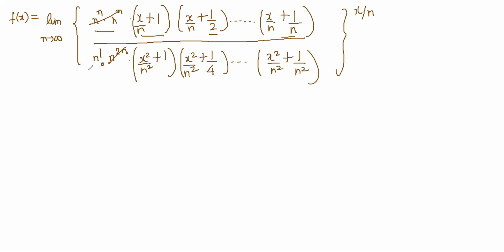That is the problem too. I'm not bothered about the n factorial and all. I can take n power n common from that anytime. Why is it 1 by 4 and all? I mean, that is what is coming, no? That is there in the question only. The question is x by n plus 1, x by n plus half, then x by n plus 1 by 3, no?